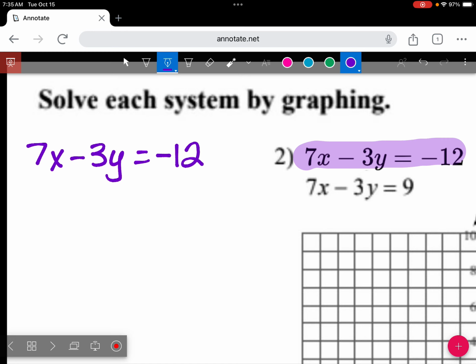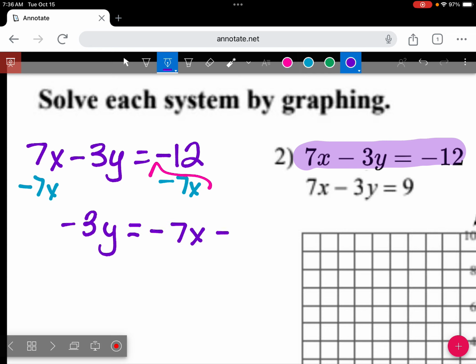What are we going to do here? Subtract 7x from both sides. So I'm left with my minus 3y equals, and I can't combine these together, so I'm just going to squish this guy in front. I've got my minus 7x minus 12.